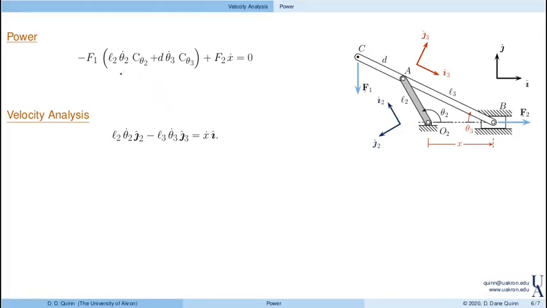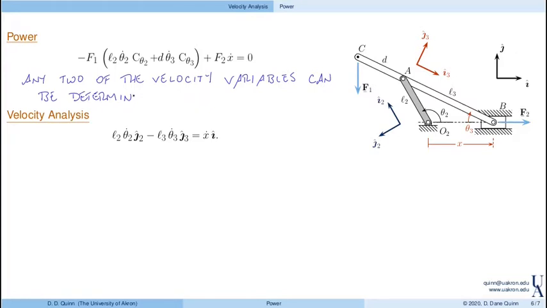And we don't know what the input velocity is, but that's okay because any two of the velocity variables can be determined in terms of a third, or whichever one is left.